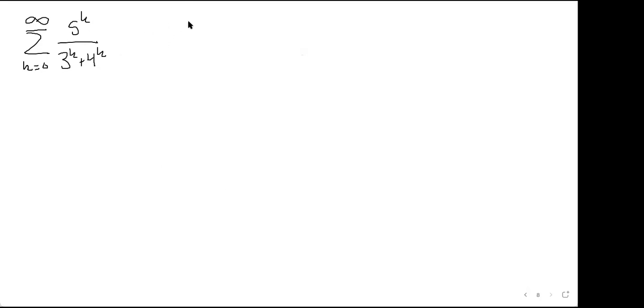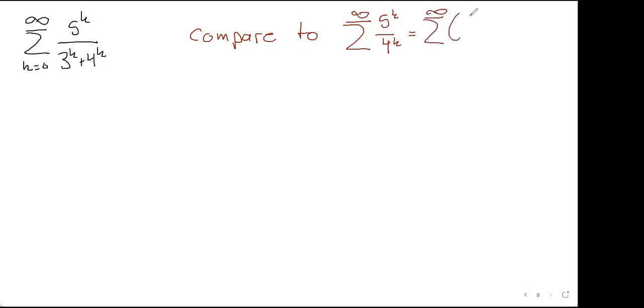So you might think, what if I compare this to 5 to the k over 4 to the k, which is geometric. That's 5/4 to the k.